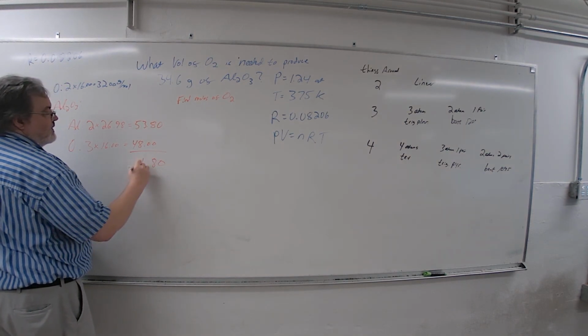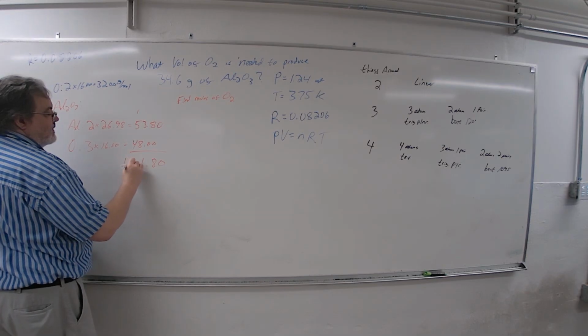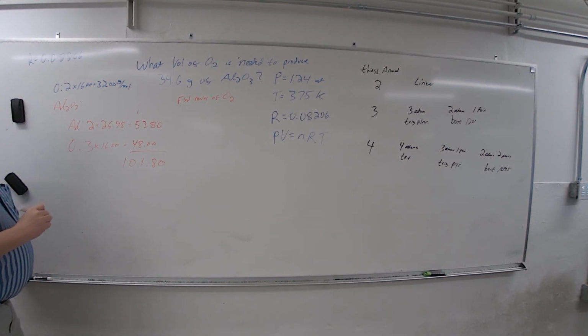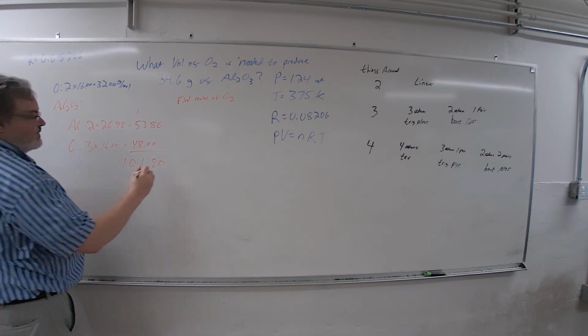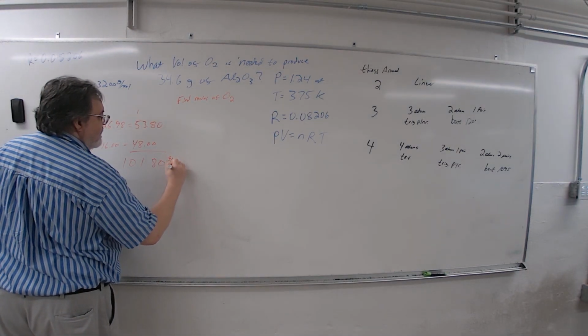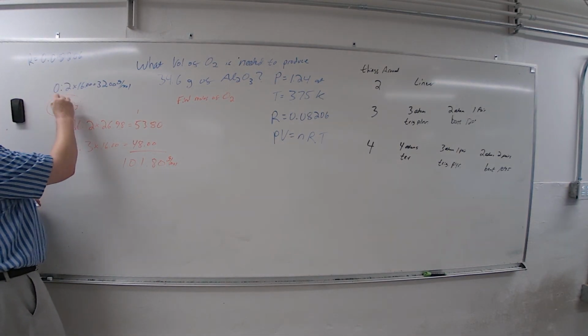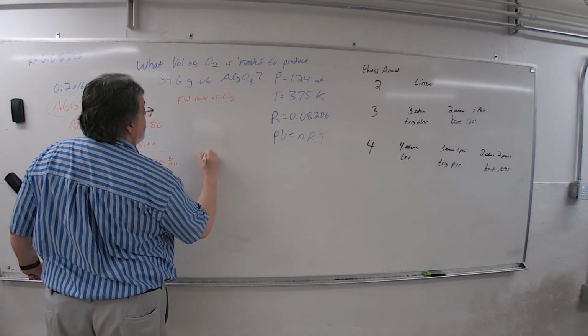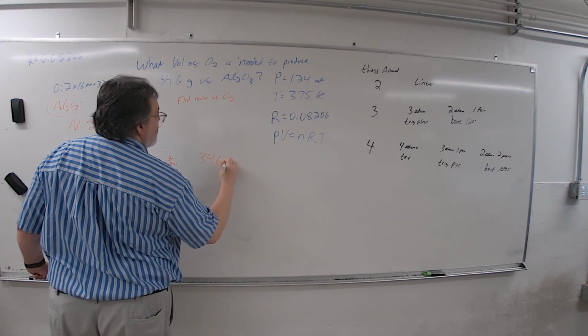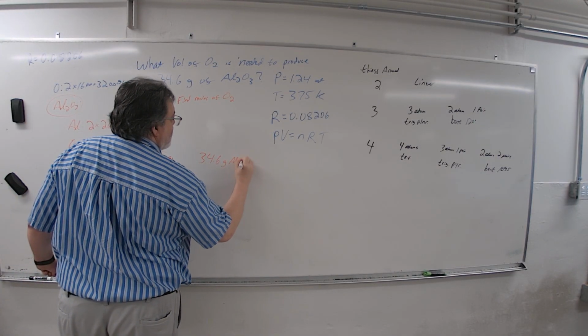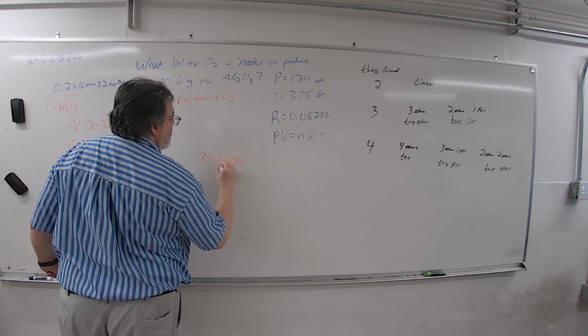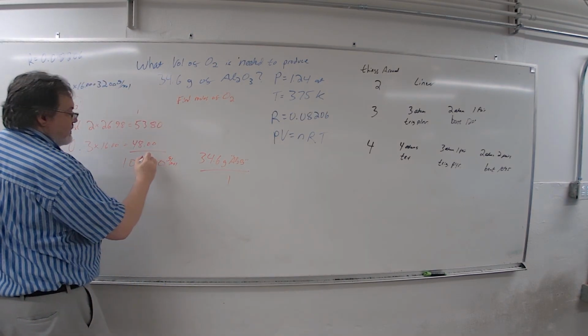So you add these up and what do you get? 101.96 grams per mole for this. So you start with the 34.6, that's given to you, and then you do the grams per mole.